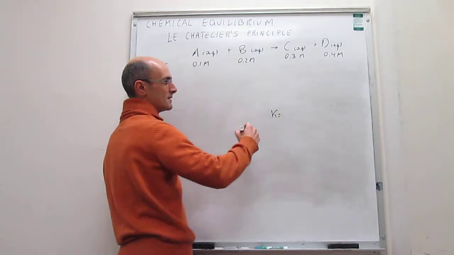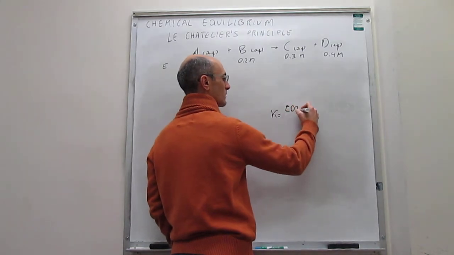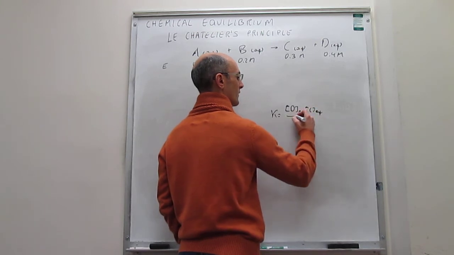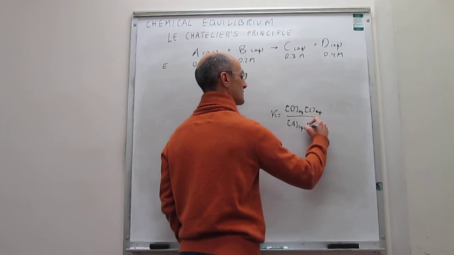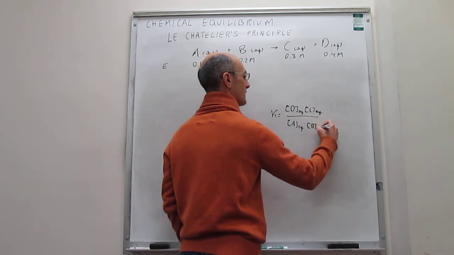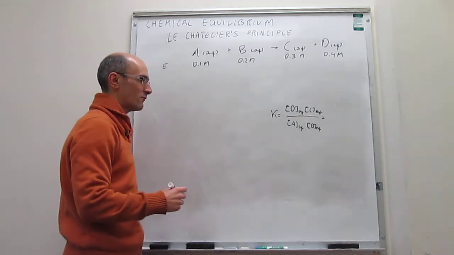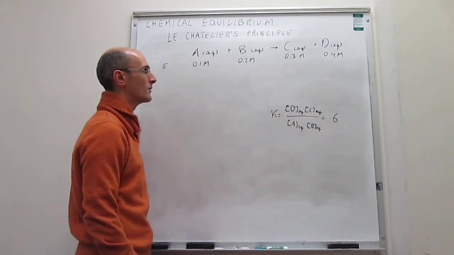The equilibrium constant is simply the concentration of D at equilibrium times the concentration of C at equilibrium, over the concentration of A at equilibrium and the concentration of B at equilibrium. Punching in the numbers, this equilibrium constant has a value of 6.